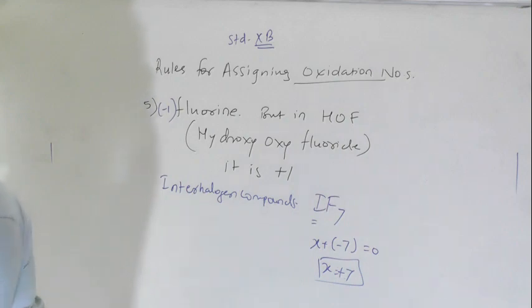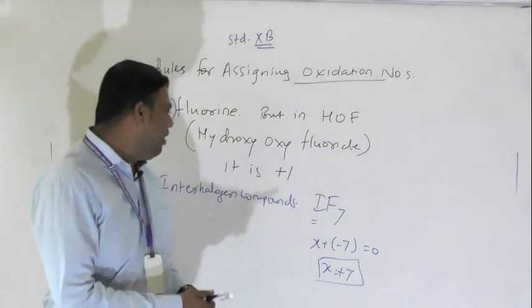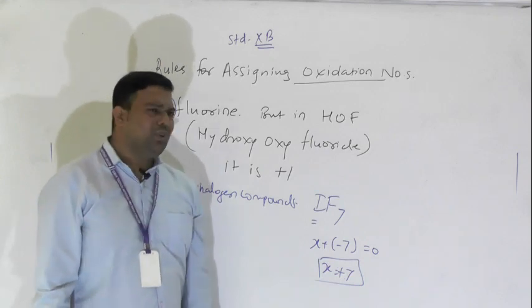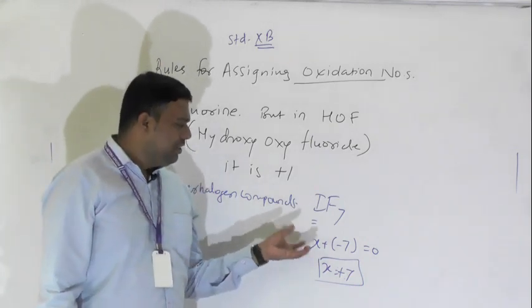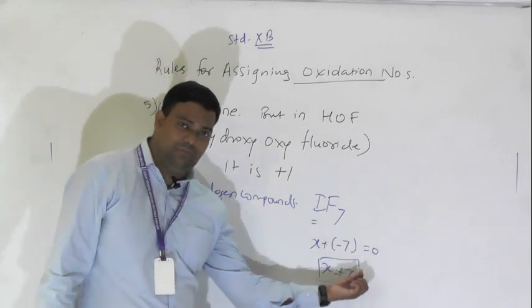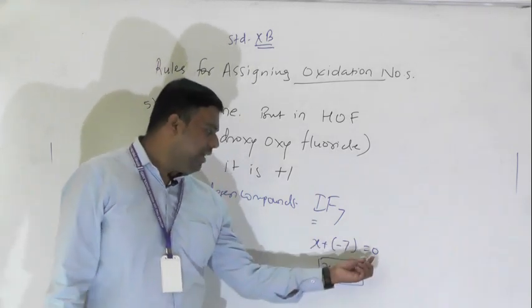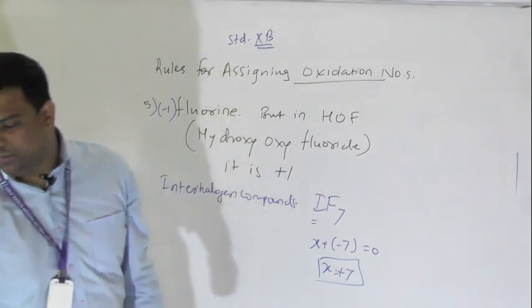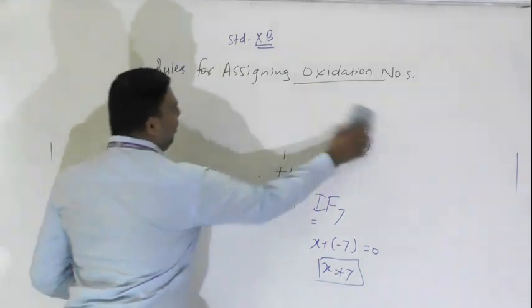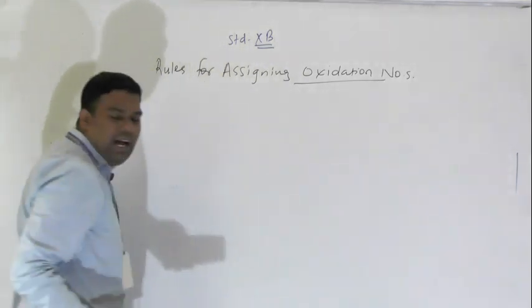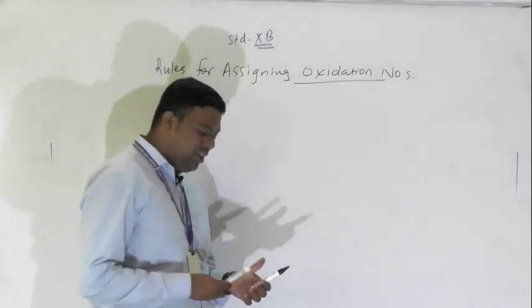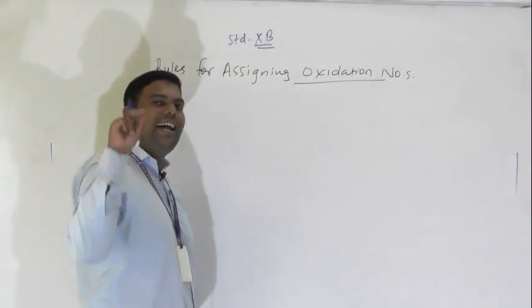So these are all the rules for assigning oxidation number. We are writing the algebraic sum equal to 0, but when the species is an ion, we will see examples of that too. When we have to calculate the oxidation number in an ion, instead of 0 you have to write down that charge.